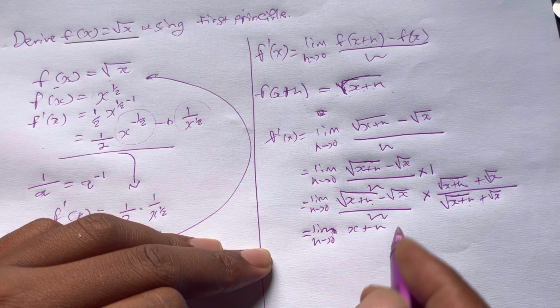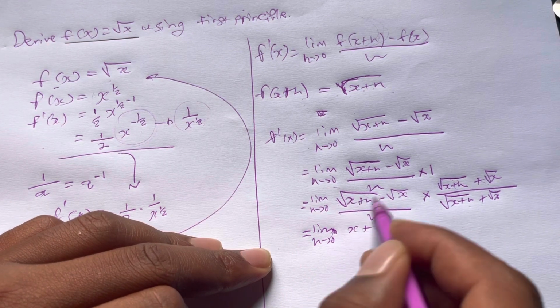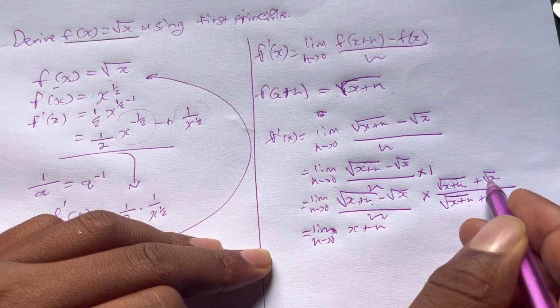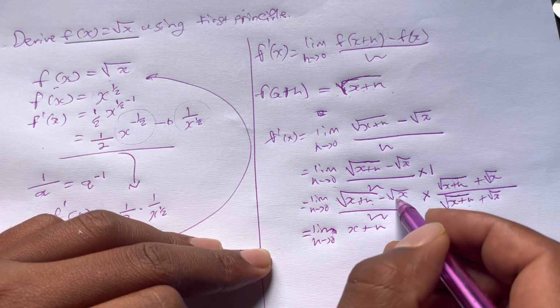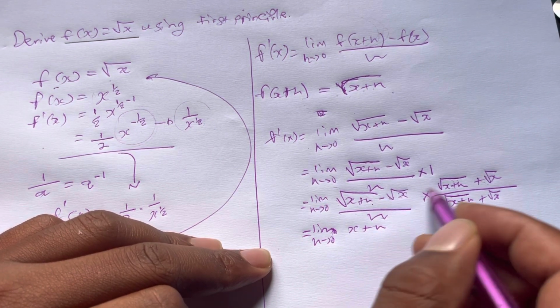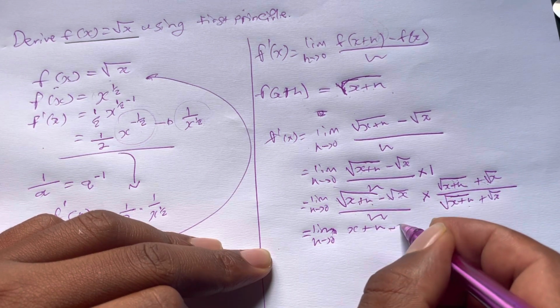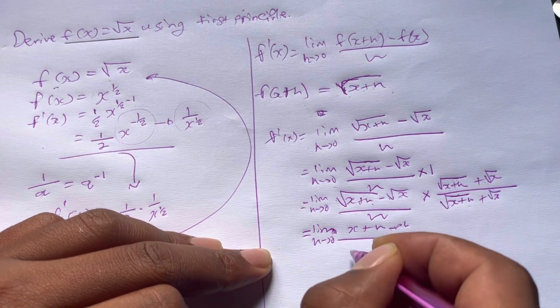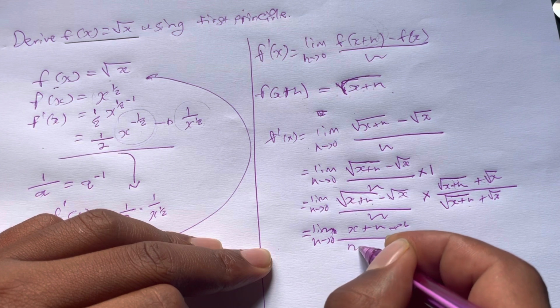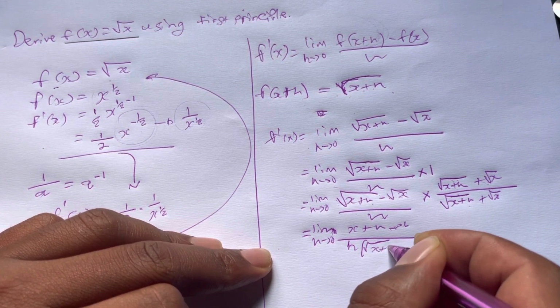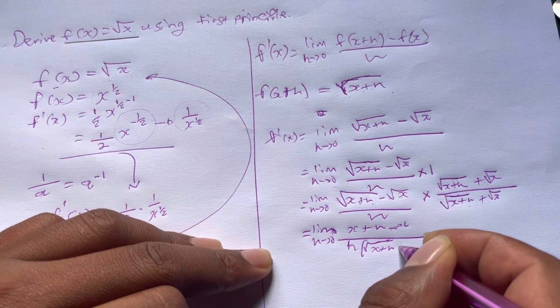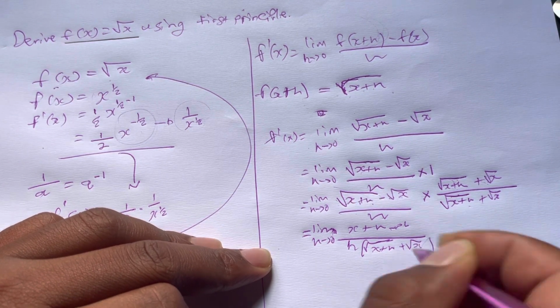Okay? And then square root of x plus h times that minus this times that will be 0. So then we say square root of x times square root of x will give you x. All over h times square root of x plus h plus square root of x. Okay?